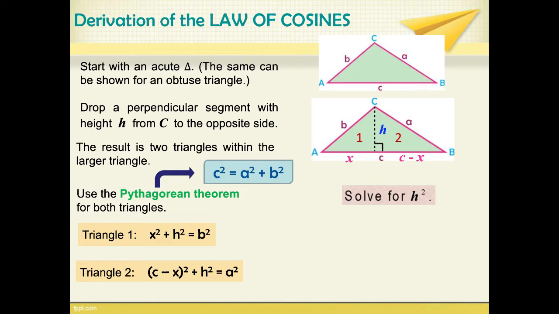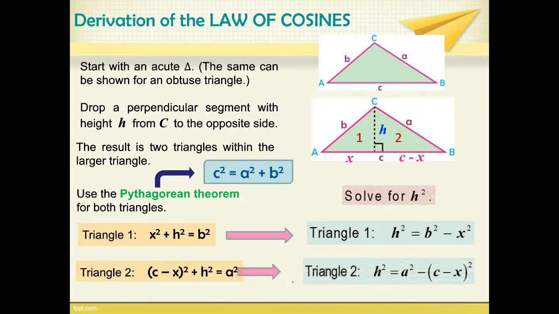Now, solving for h squared, we have for triangle 1, transpose x squared to the other side. So we will get h squared equals b squared minus x squared. For triangle 2, if we solve for h squared, then just transpose the quantity c minus x squared to the other side, or to the right side.